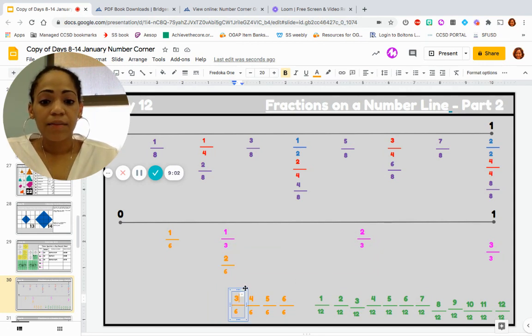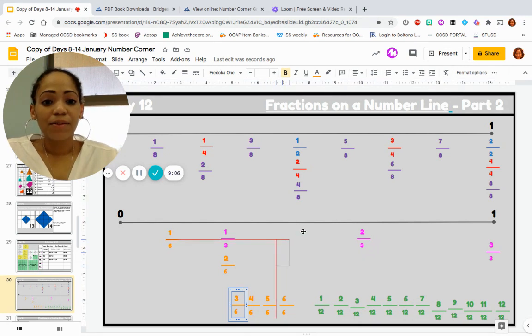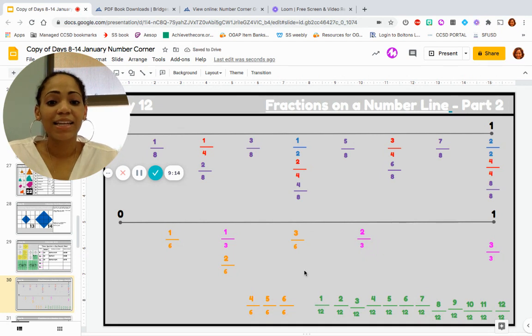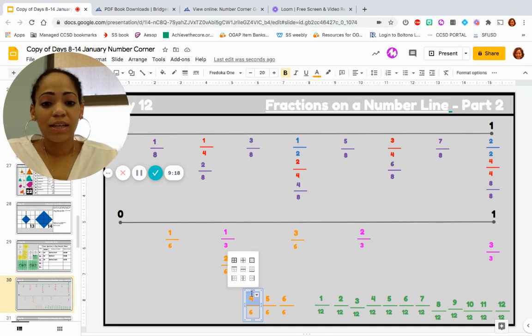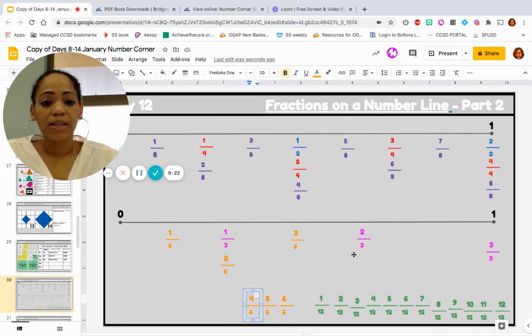Okay? 3/6, what do we know about 3/6? 3/6 is the same as 1/2. If the numerator is half of the denominator, that's another hint that it is 1/2. And 4/6 is then equivalent to, right, 2/3.